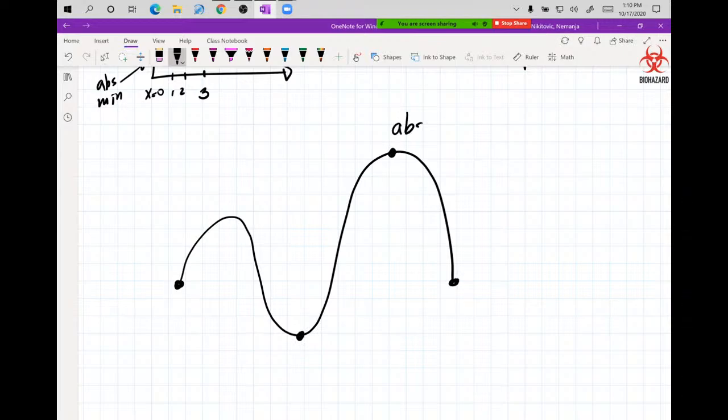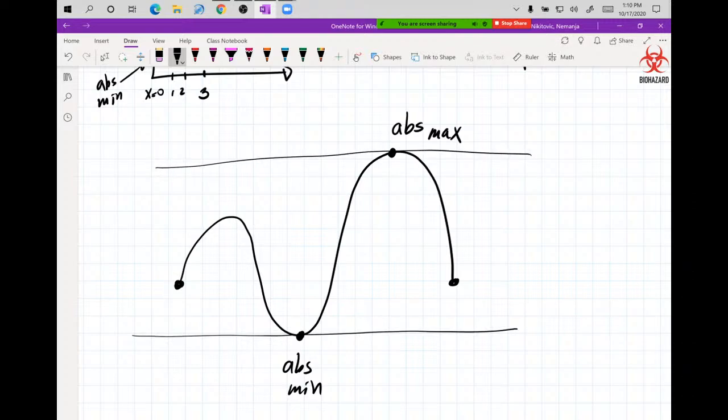Your absolute max is still in the same spot, but now this is absolute min. It's absolute min because the function stopped. It doesn't go forever anymore. So this is the lowest y elevation for anywhere in the function. This is the highest y elevation for anywhere, and that's why they're absolute max.